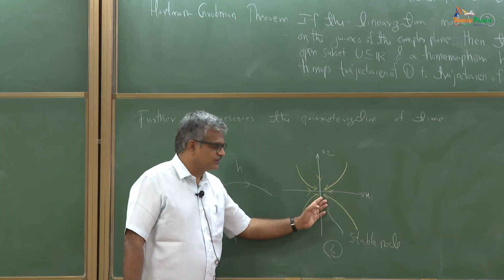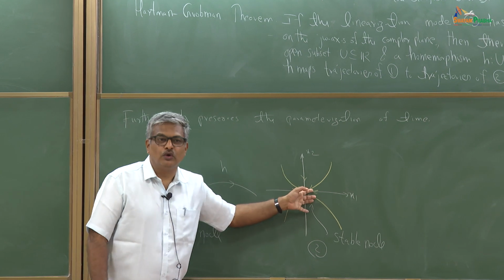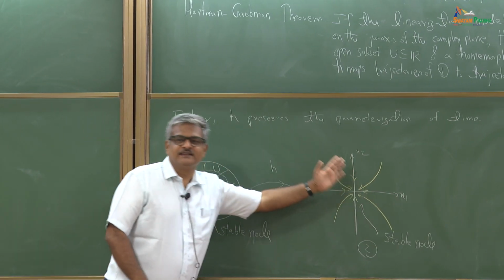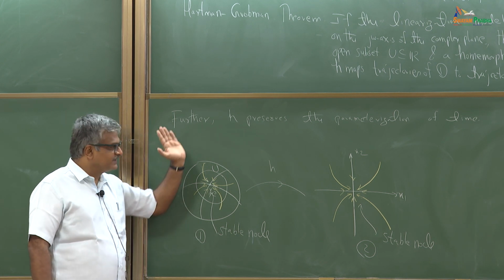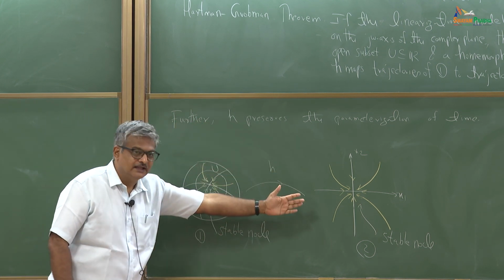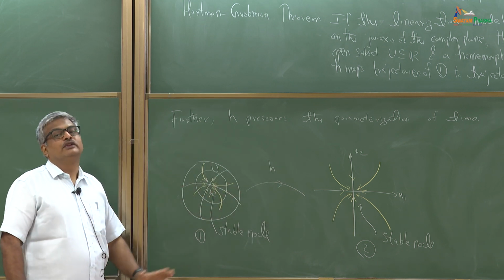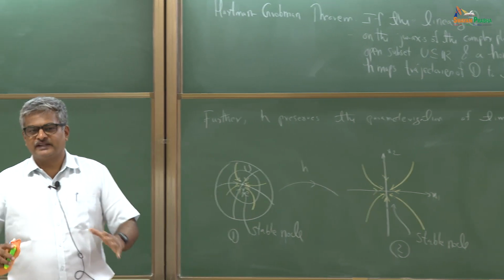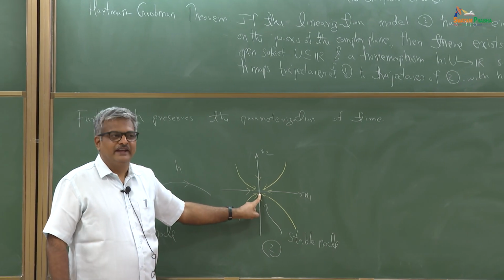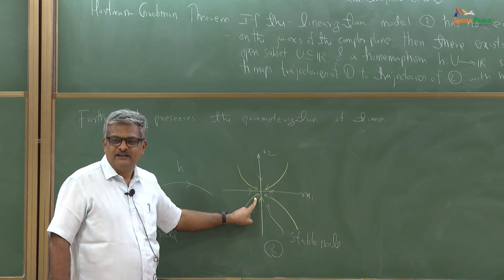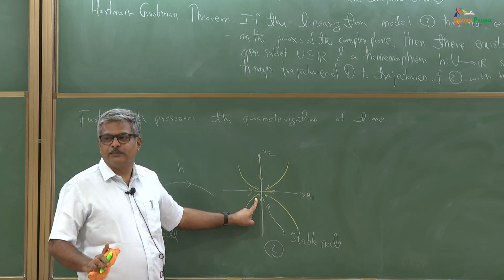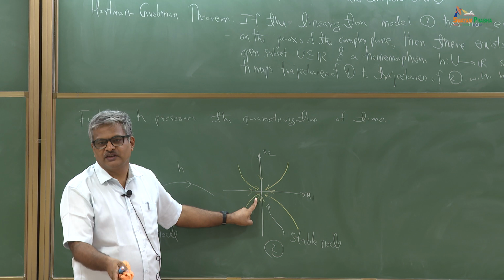If you do linearization and this turns out to be an unstable node, this also will be an unstable node. If this turns out to be a stable focus, this also will be a stable focus. If it is an unstable focus, this also will be an unstable focus. If it is a saddle, this also will be a saddle. The only case where it breaks down is if it is a center. What is a center? Where the eigenvalues have zero real part and are purely imaginary.